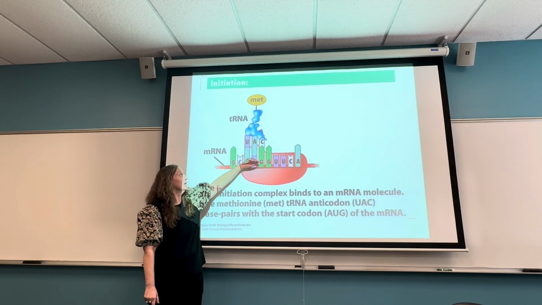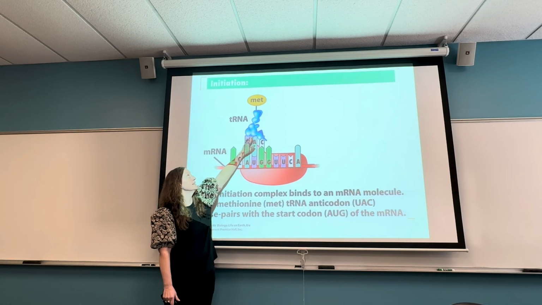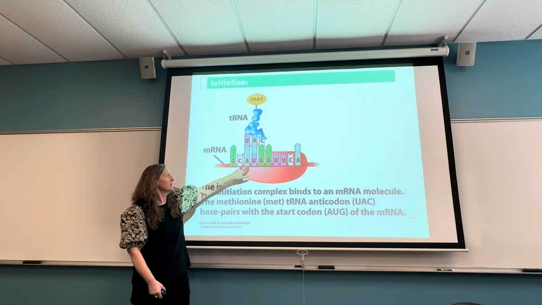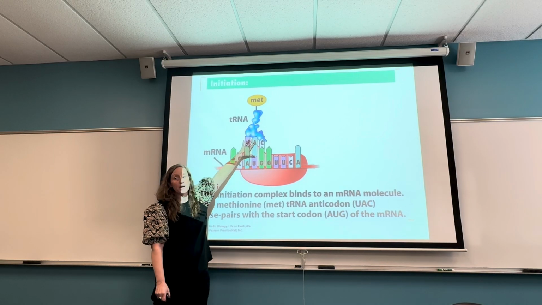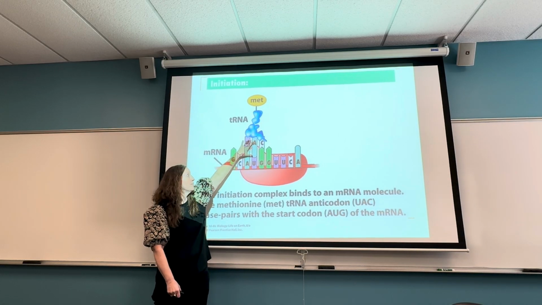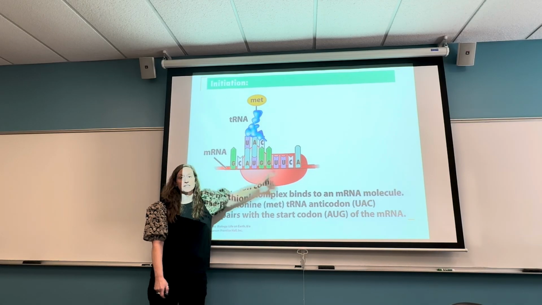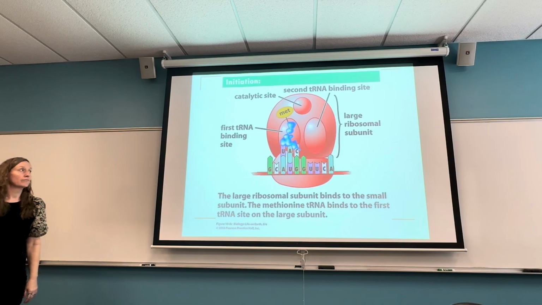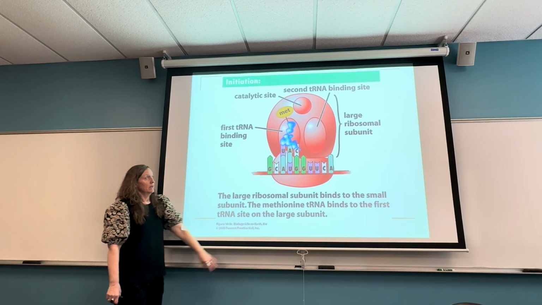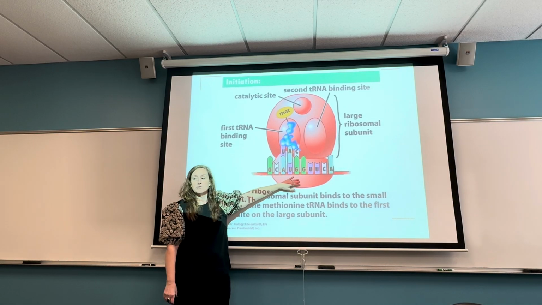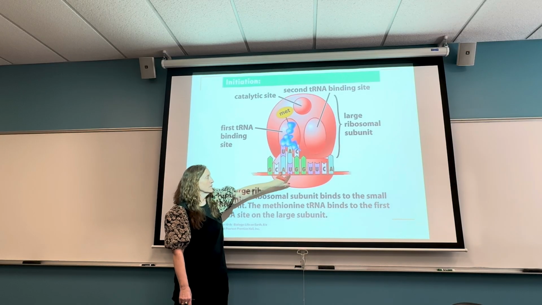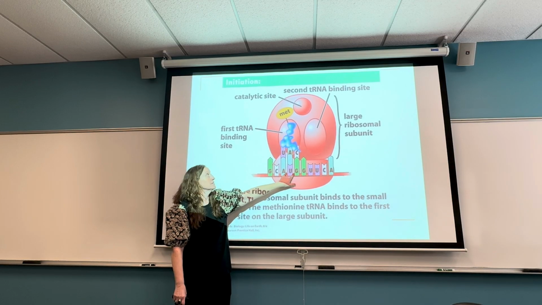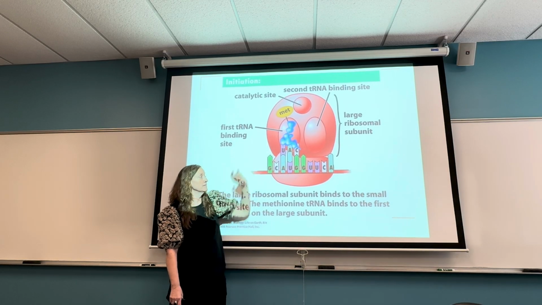A small subunit has UAC carrying methionine. AUG comes over and pairs up with the anticodon. The next thing that's going to happen is the large ribosomal subunit is going to join up. Large and small ribosomal subunits are joined up. The AUG start codon has its methionine.